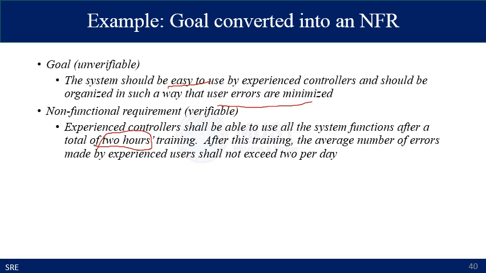The measure here is the 2 hours of training time. After this training, the average number of errors made by the experienced users shall not exceed 2 per day. So again, ease of use is measured as 2 hours training time, and the number of errors is measured as 2 per day.